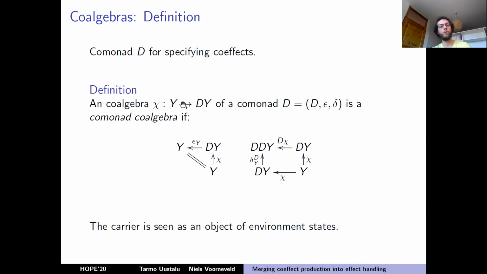So in this general situation, we see y as a set of environment states and dy as the coeffect, the complete picture of coeffects that are produced by that state. And then the coalgebra extracts from the environment state the explicit coeffectful behavior of the environment. And we want this coalgebra to be a co-monad coalgebra, so it must satisfy the co-multiplication conditions.